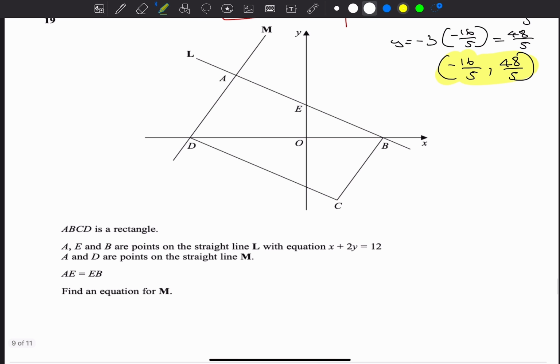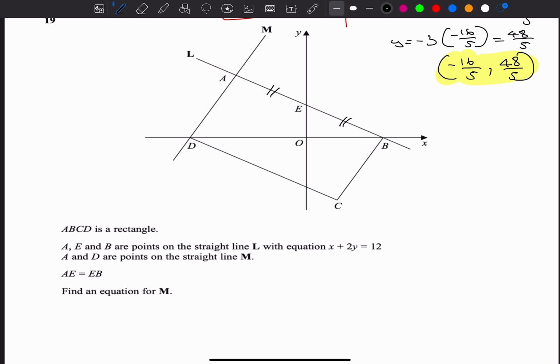Right, next one. Question number 19. ABCD is a rectangle. A, B, E are points on a straight line. AE equals EB, so this is technically equal to that.